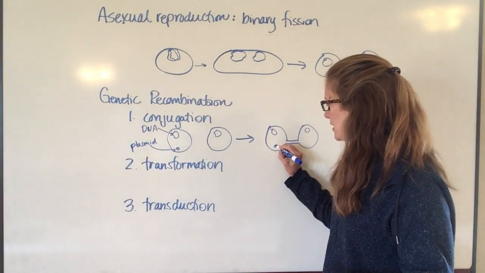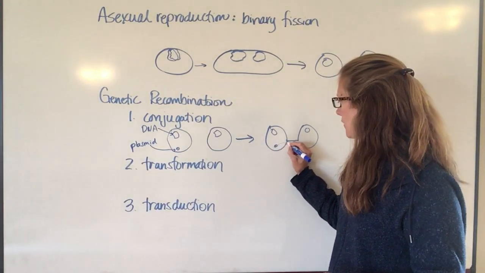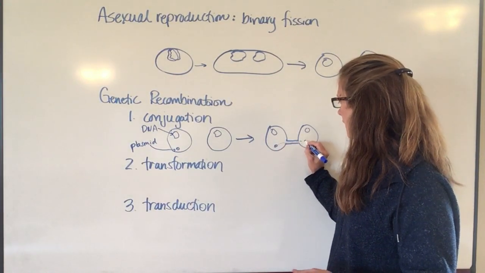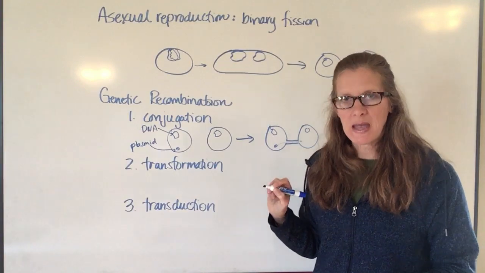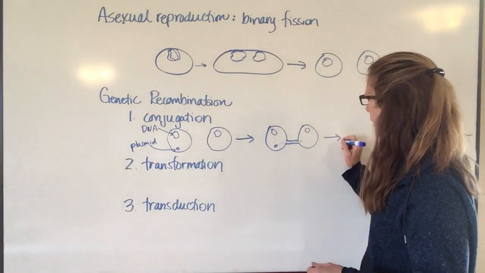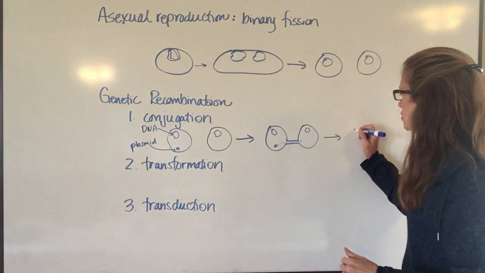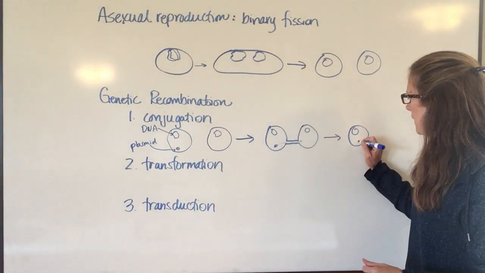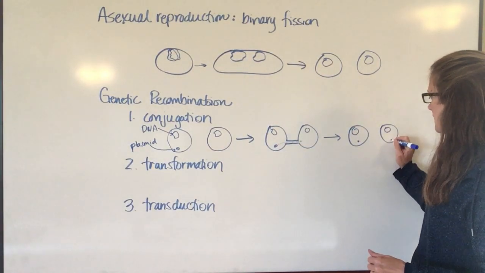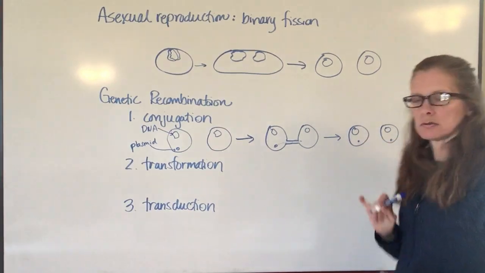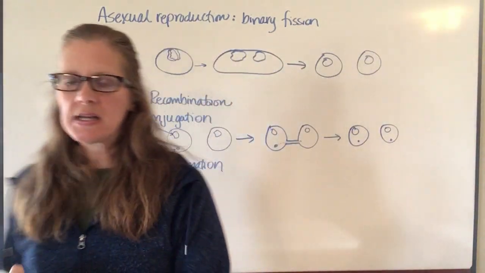And the copy of the plasmid travels through the conjugation tube and into the second bacteria. So then, once that copy has transferred over, I then have two bacteria, and they each have that additional plasmid with the additional trait in there.